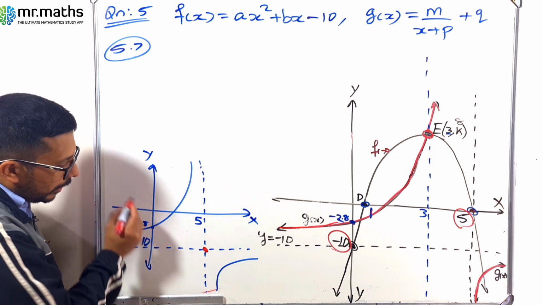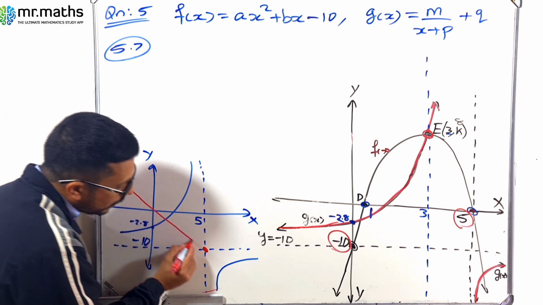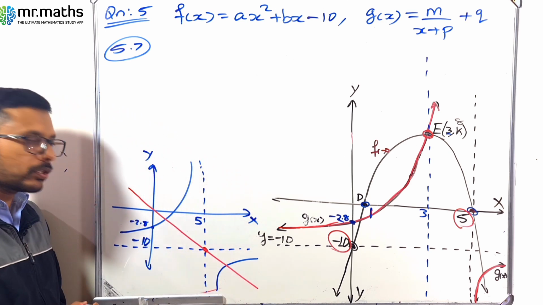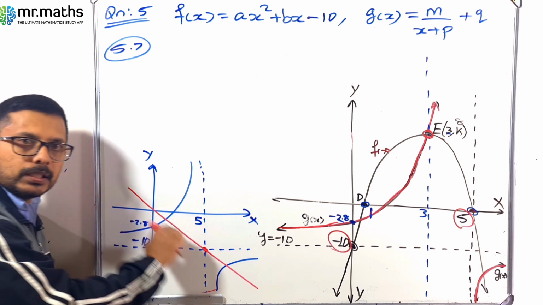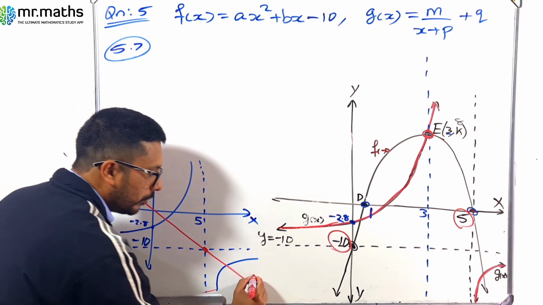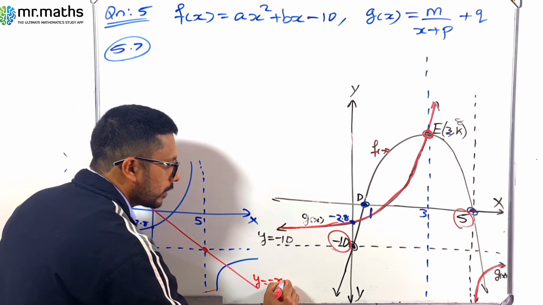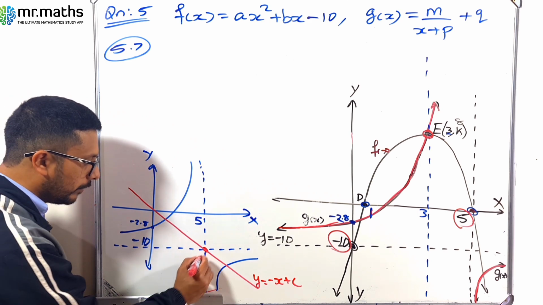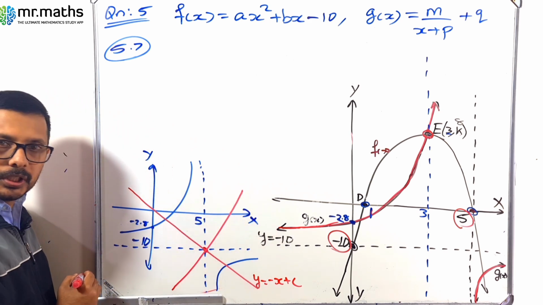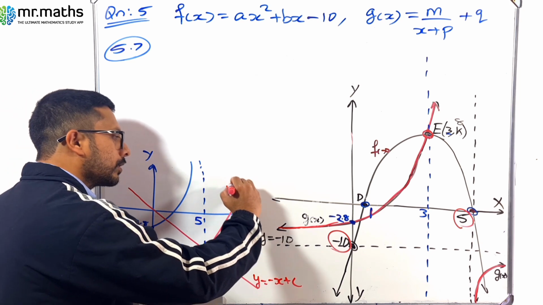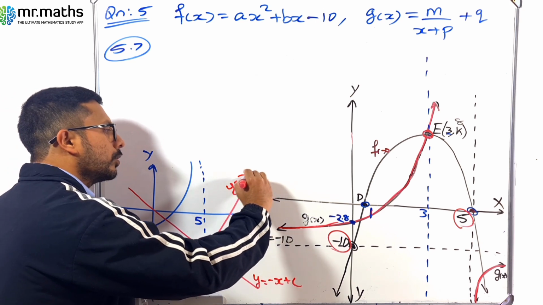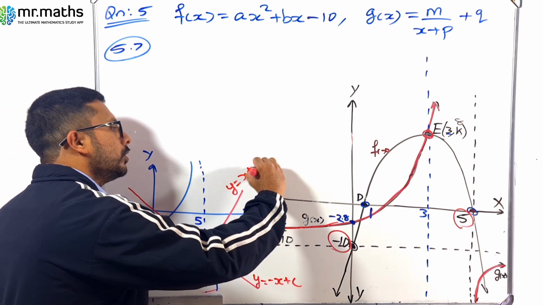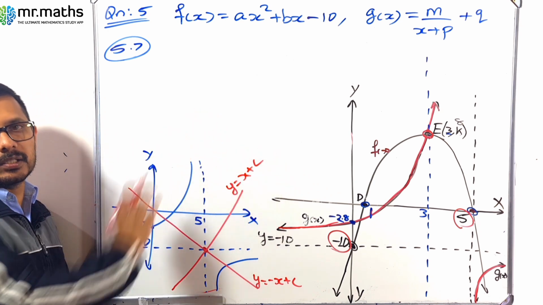This line is known as the decreasing axis of symmetry, and the general equation is y is equal to minus x plus c. There is another axis of symmetry, with a positive gradient or increasing, but we don't want that one in this question.